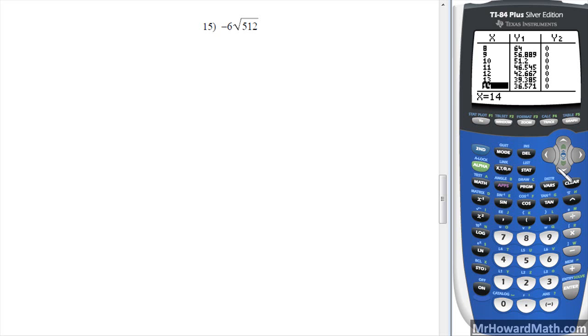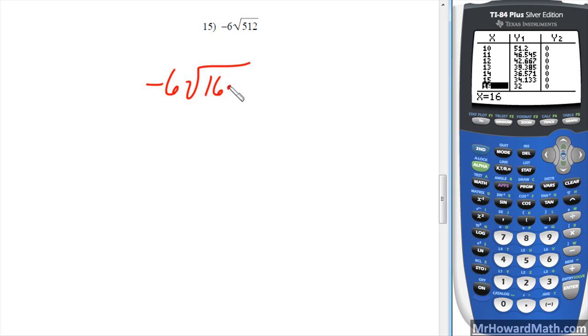So the next perfect factor is 16 and 32. That's the one I want to use, 16 and 32. 16 has a perfect square root, and then I can break that down from there. So negative 6 square root of, instead of 512, I'm writing 16 times 32.